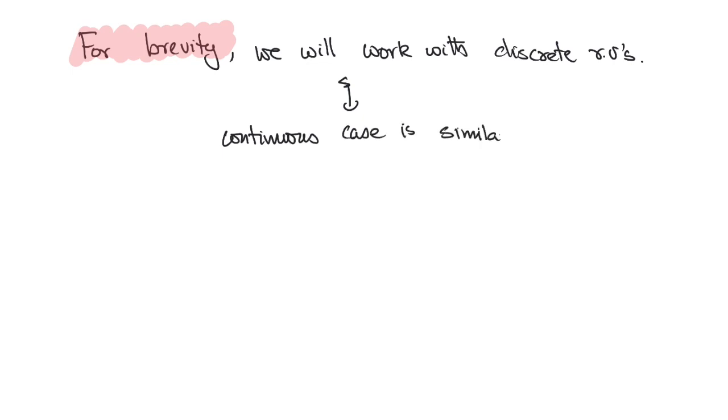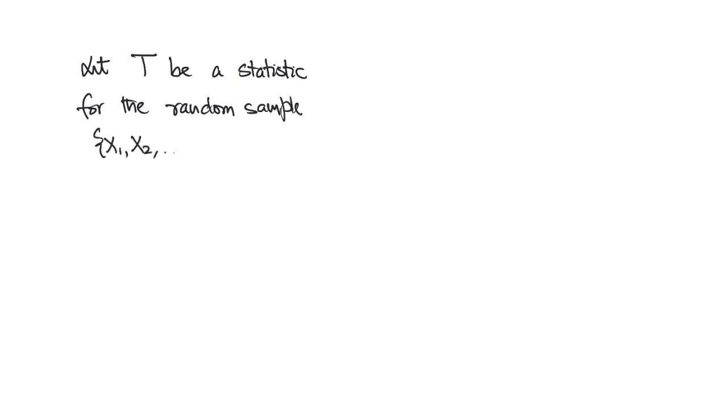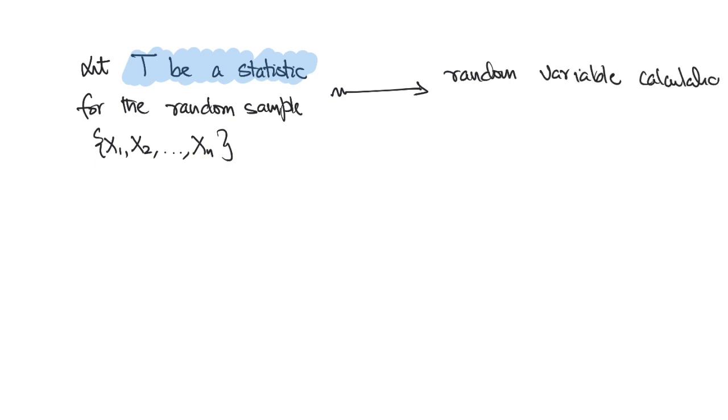We next talk about statistics. So let T be a statistic for the random sample x1, x2 up through xn. This means that T is a random variable that is calculated using the random variables x1, x2 up through xn.